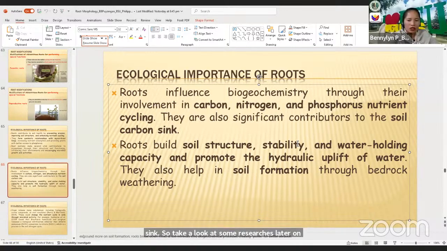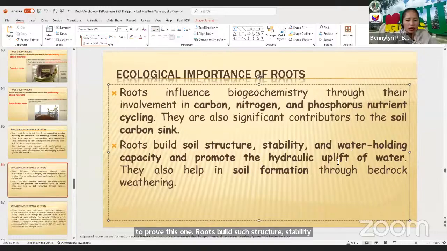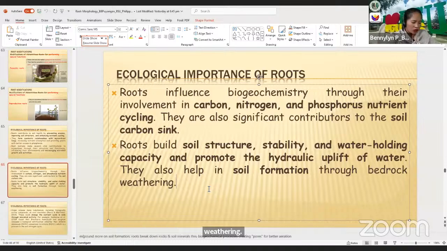Roots build soil structure, stability, and water holding capacity, and also promote the hydraulic uplift of water. They also help in soil formation through bedrock weathering. Soil structure enhancement was mentioned twice a while back.